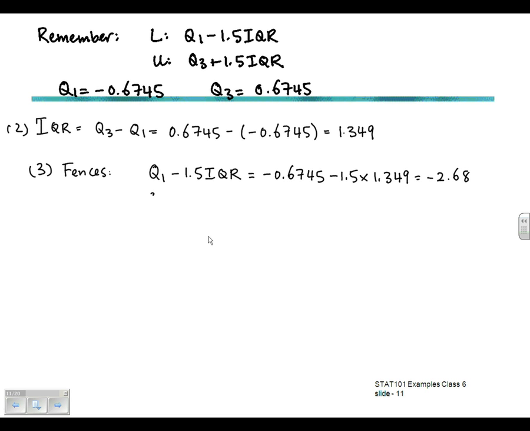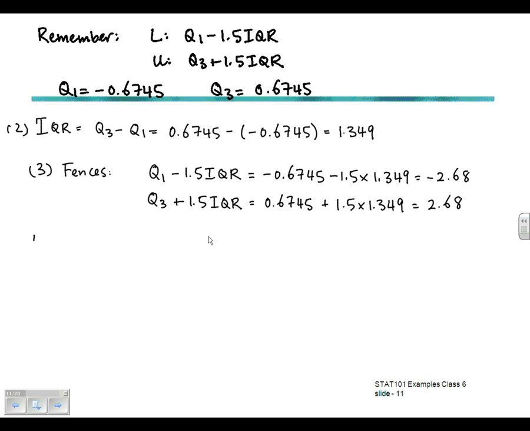Clearly, the upper fence is quartile 3 plus 1.5 times the interquartile range. Those values will be the same but positive: 0.6745 plus 1.5 times the interquartile range gives us positive 2.68.